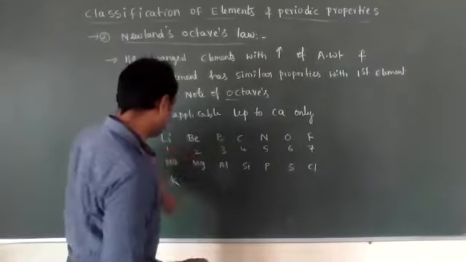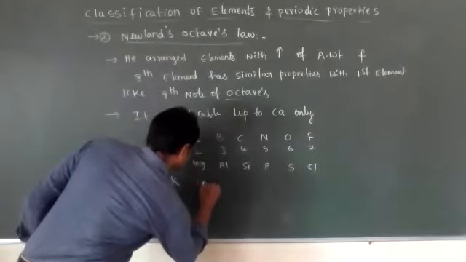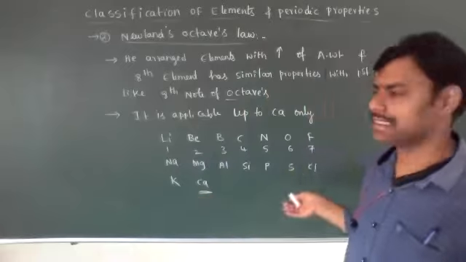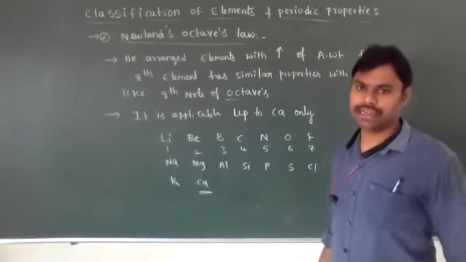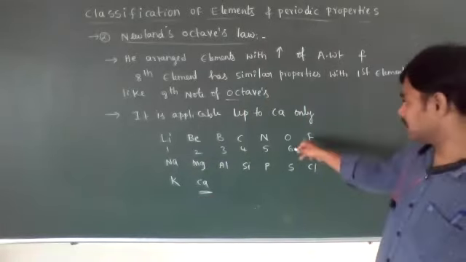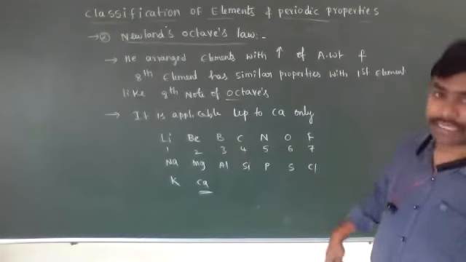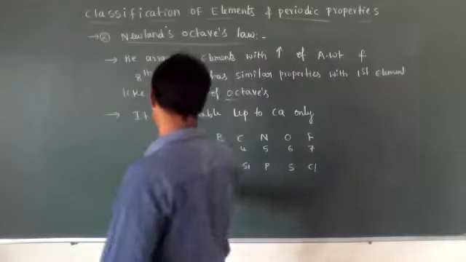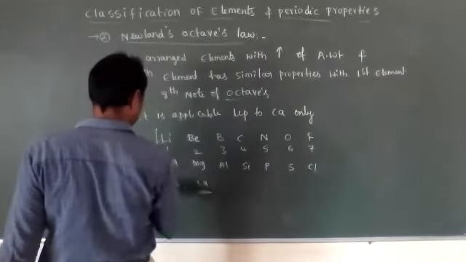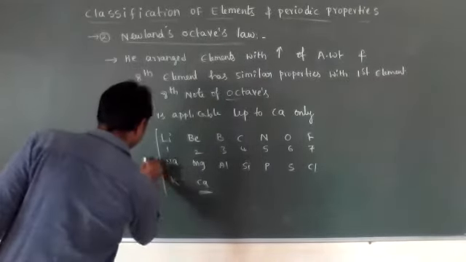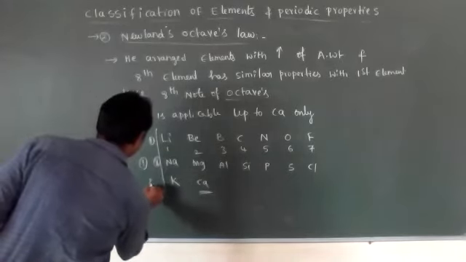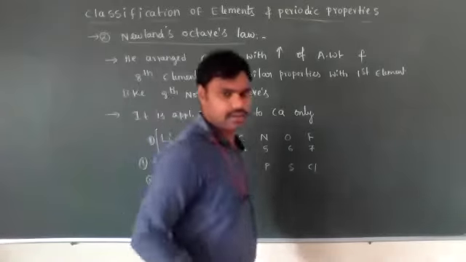And beryllium, magnesium, calcium. He arranged only up to calcium. The remaining elements he was unable to arrange. So this is Newlands octave law, or Newlands classification. He classified the elements: this is 1 and 8, again it is 1 and 8.